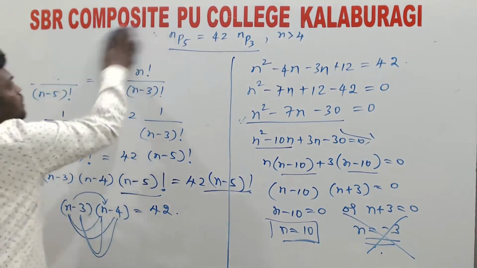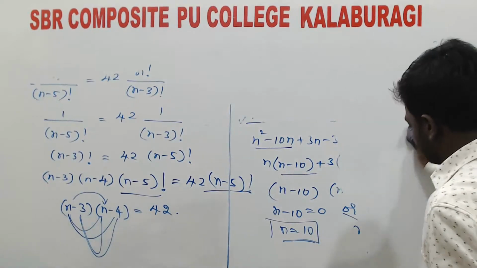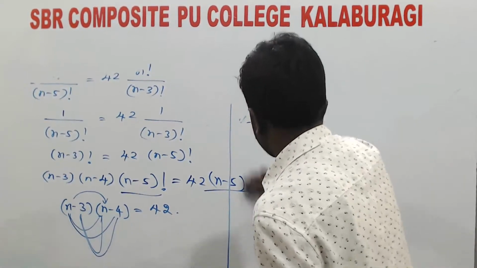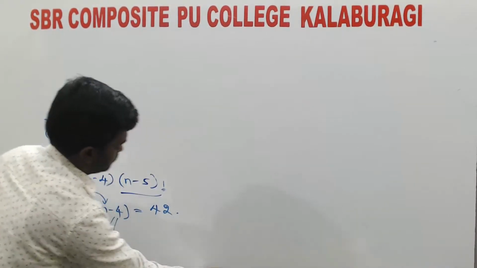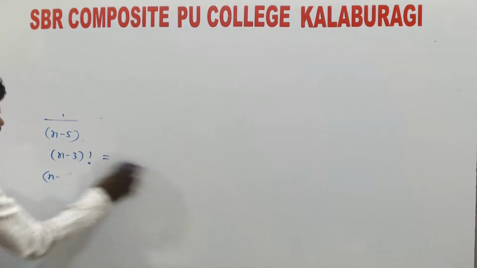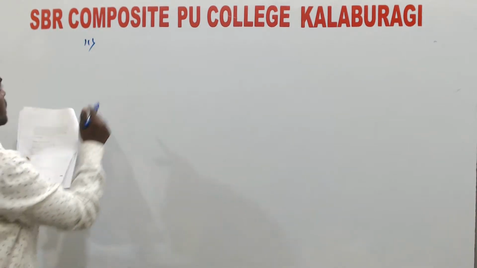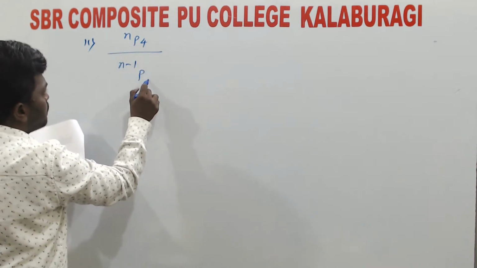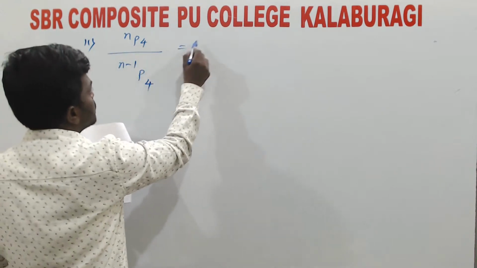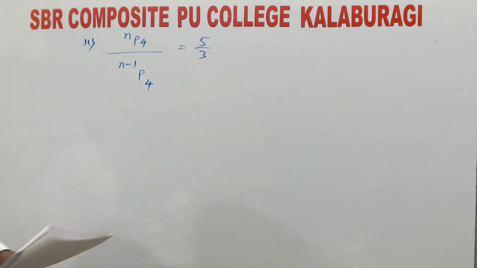Second one. So the second one also, students have doubts. The second part is nP4 divided by (n minus 1)P4, which is equal to 5 by 3, and n is greater than 4.